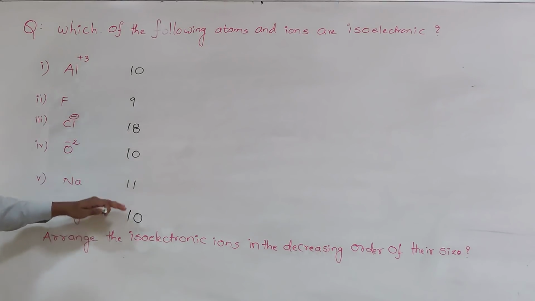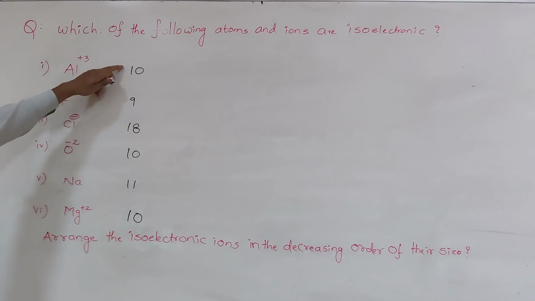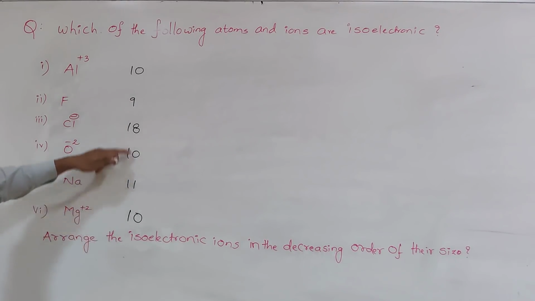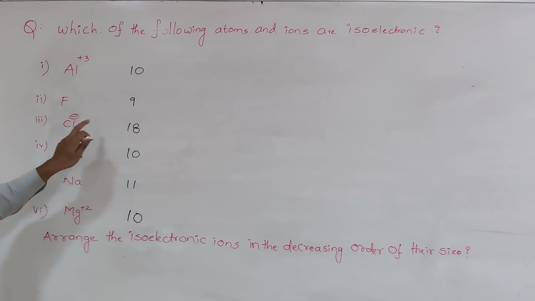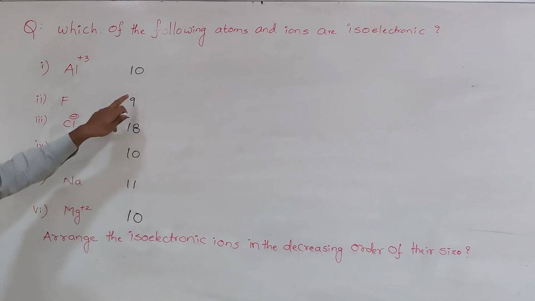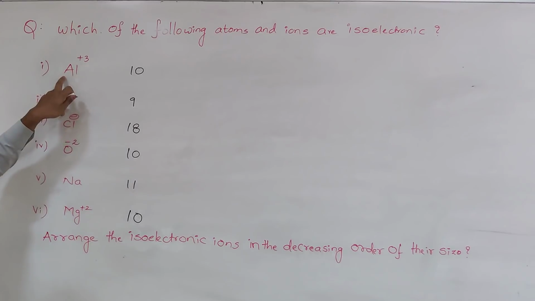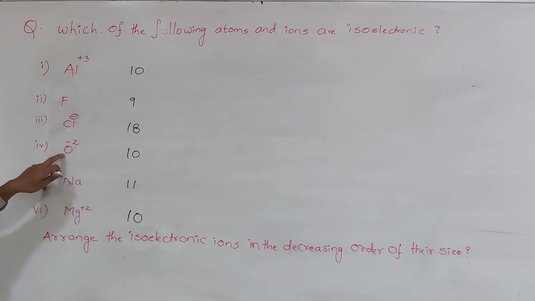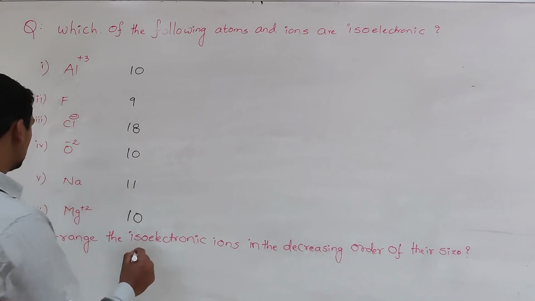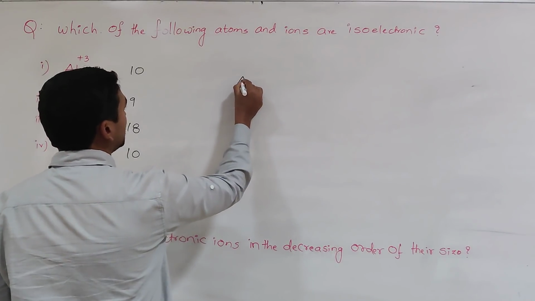Now first we need to identify which are isoelectronic. So 10, 10, 10. The remaining ones differ in electrons: fluorine 9, chlorine 18, sodium 11. But aluminium plus 3, O minus 2, and Mg plus 2 are isoelectronic.